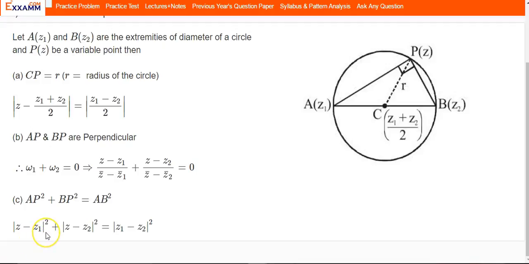We get modulus of (z minus z1) square plus modulus of (z minus z2) square is equal to modulus of (z1 minus z2) square. So if we expand these three by putting z is equal to x plus iy and z1 is equal to x1 plus iy1 and z2 is equal to x2 plus iy2, we will get the same result from all these three equations.